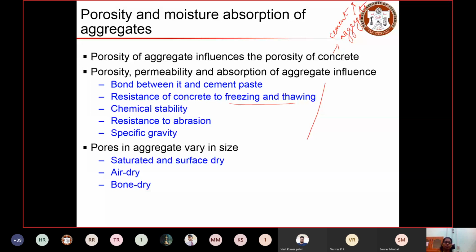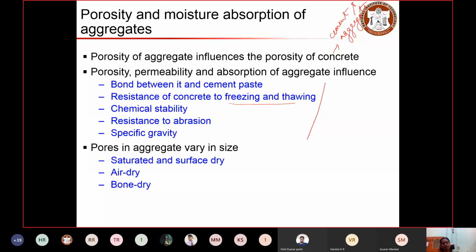So when we use those reactive mineral admixtures or aggregates in the concrete, they have a tendency to react with cement, or with water, or with the environment to which they are exposed. In such cases, it is important to know the nature of aggregates or their mineralogical composition, so that we can ensure that the concrete is dimensionally stable and chemically stable.